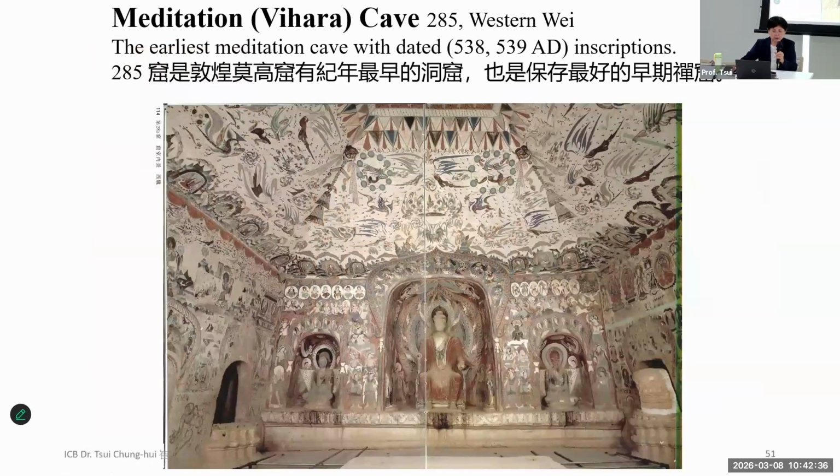And later we have the meditation cave, cave 285. In cave 285, we have the main altar with a group of Buddhist sculptures, a Buddha and 2 Buddhist monks. The 2 meditation monks were designed as attendants on the 2 smaller shrines.